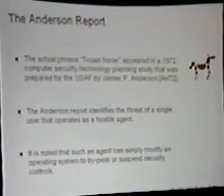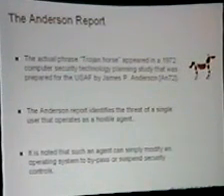In this report, Anderson identifies the threat of a single agent that operates in a hostile fashion against the organization or agency. And it's noted that such a malicious person can simply install software that bypasses or suspends existing security controls in the system. So the notion of a Trojan horse with respect to computer subversion is older than I am.